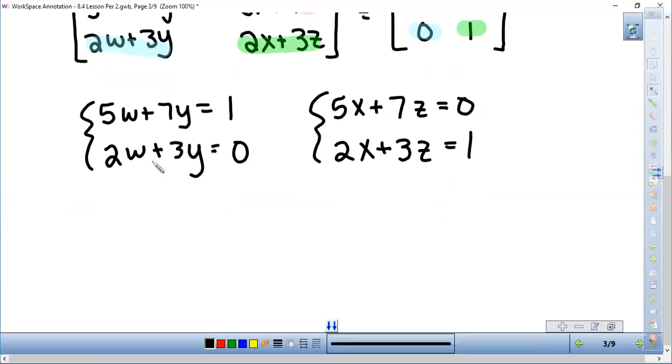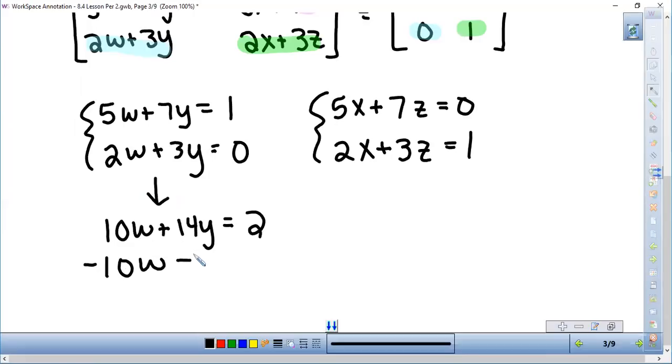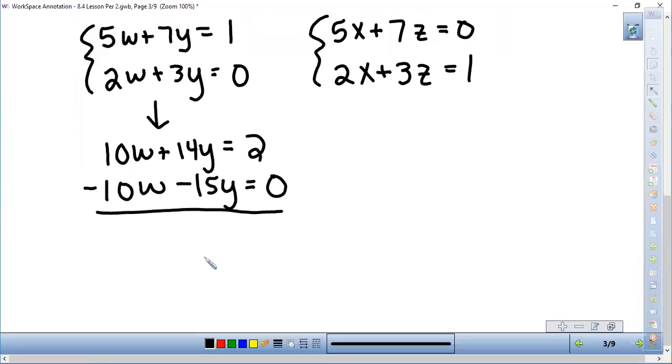So notice how the first two equations over here are for the variables y and w. Let's think about solving this one using elimination. Let's multiply everything in this top equation by +2. And let's multiply everything in the bottom equation by -5. All right, when we go ahead and add these together, we end up getting that -y is equal to 2.